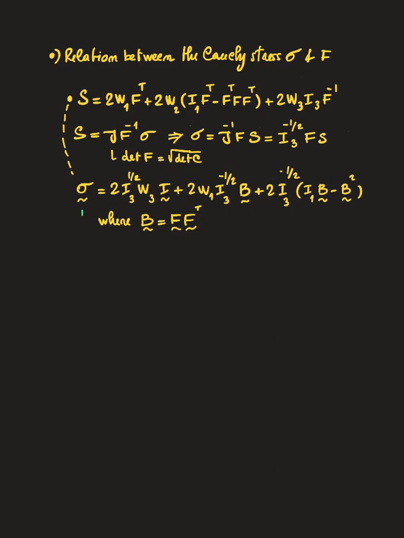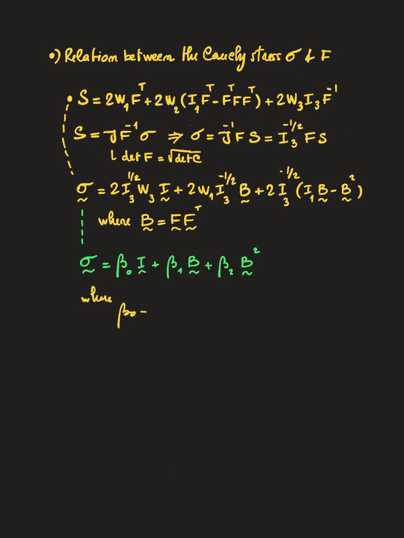In fact, it is very interesting to find that the Cauchy stress is equal to a certain function of the energy, classically called beta naught, times the identity, plus a second function of the strain energy times the left Cauchy-Green tensor B, and a third function of the energy that factors B squared.